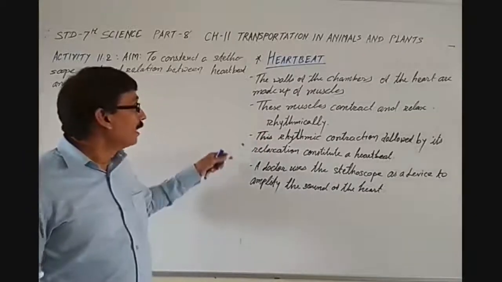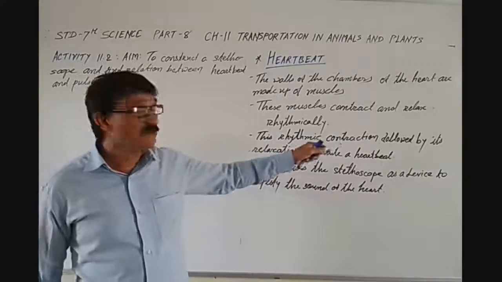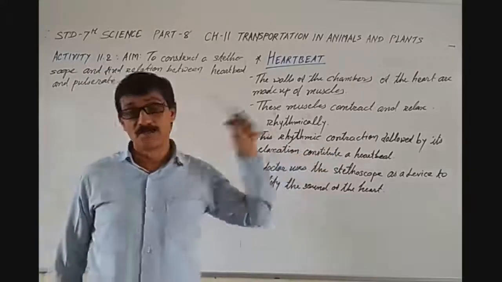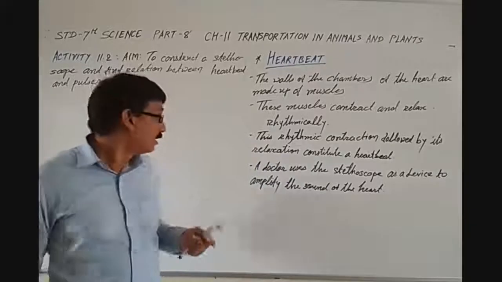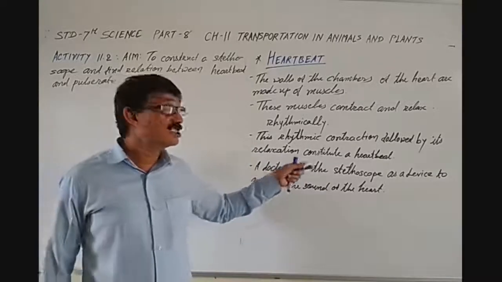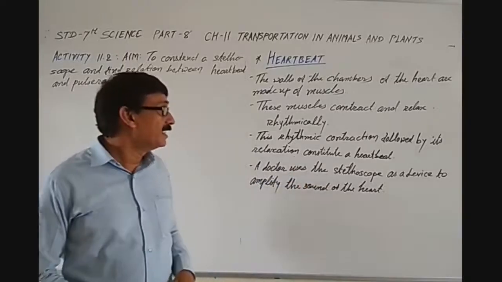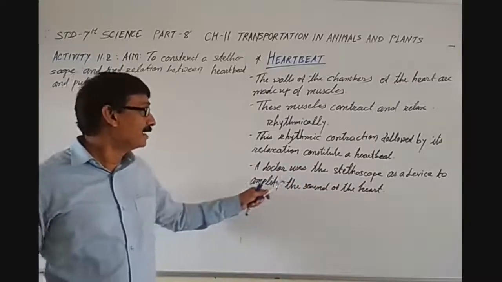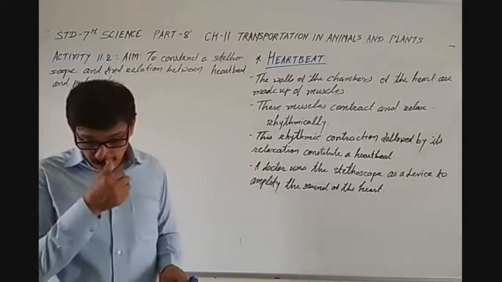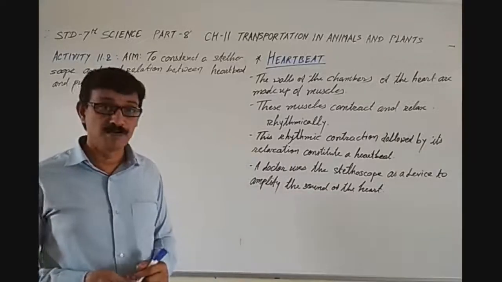The rhythmic contraction followed by its relaxation constitutes a heartbeat. A doctor uses a stethoscope as a device to amplify the sound of the heart. That is what we discussed in the last part.